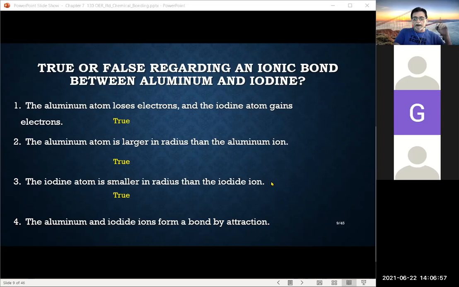Aluminum and the iodide ions form a bond by attraction. That is a true statement. It's an electrostatic attraction between ionic compounds, compared to a covalent compound, covalent bonding with sharing of electrons.